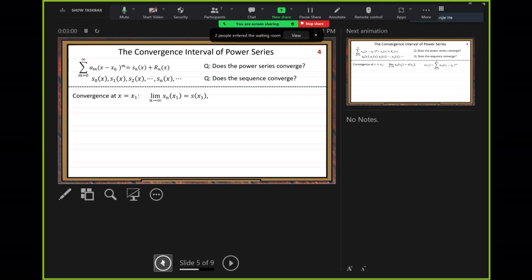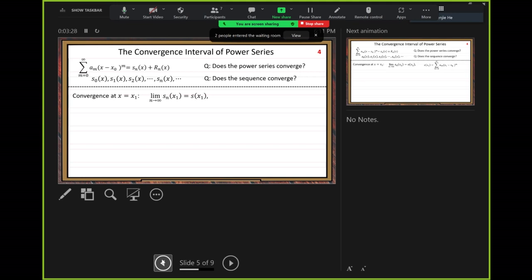Here, assume the limit exists. If the limit exists, we use the notation little s function, because before this point we didn't define that s function. But after we assume the limit exists, we define the s function right here.